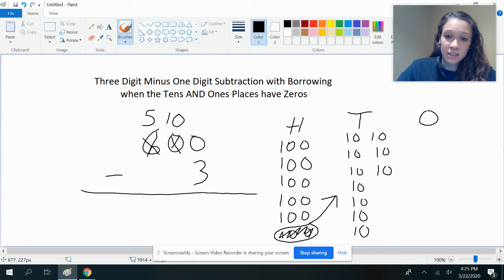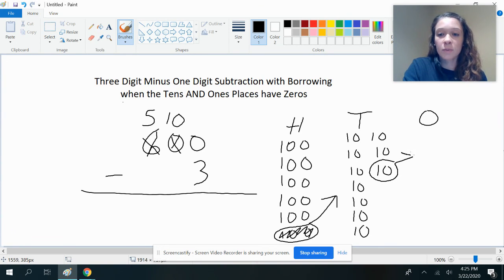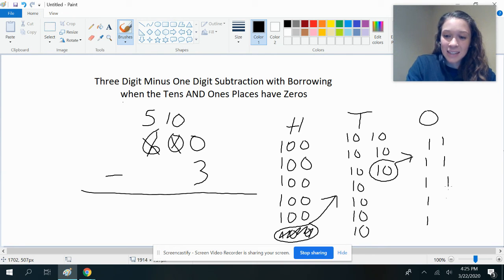So we're going to need to stop where we are from our numbers and go back to our chart to show what we're doing, okay? I will need to borrow a 10, so I'll circle a 10. Show my arrow over to the ones place, and then I'll write 10 ones in my ones column. So 1, 2, 3, 4, 5, 6, 7, 8, 9, 10, and I will cross out that 10 because it's not there anymore since I just moved it over to the ones place.